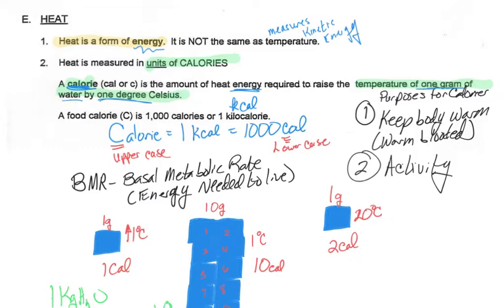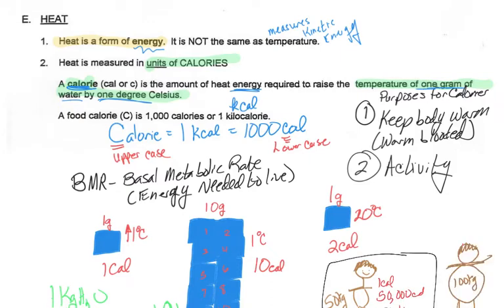If I have a 50 kilogram person and they need to be warmed by 1 degree Celsius, it's going to take 50,000 science calories or 50 dietary calories. And if I have a 100 kilogram person being warmed 1 degree Celsius, we'll see that it should take 100,000 science calories or 100 dietary calories.